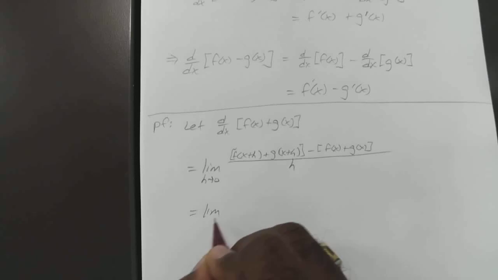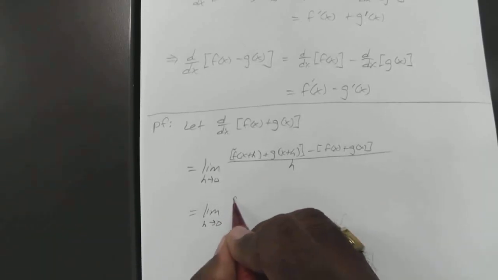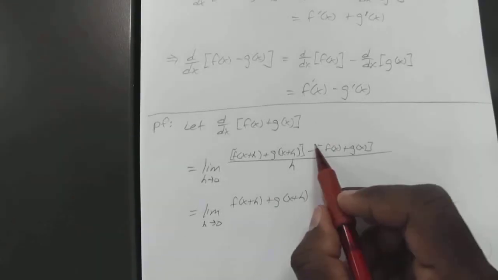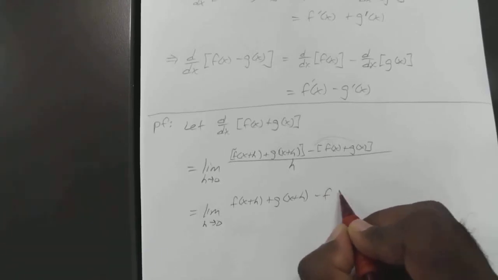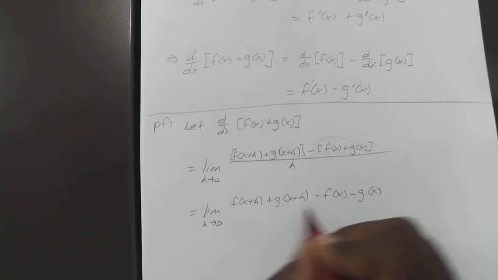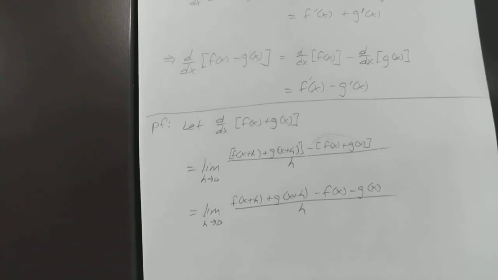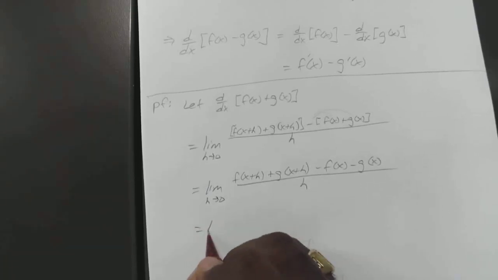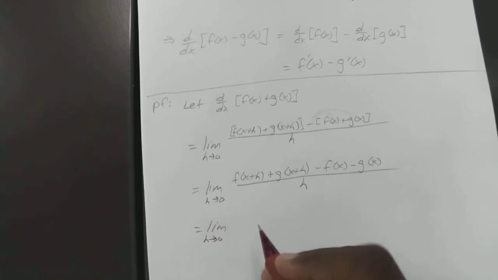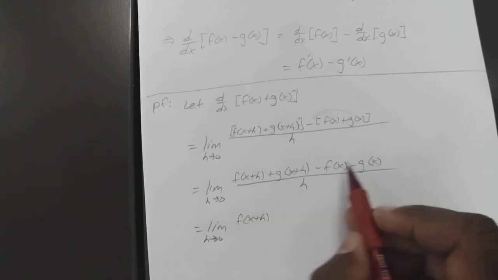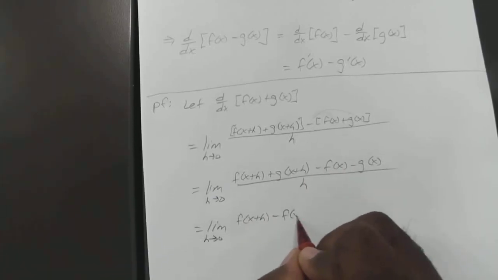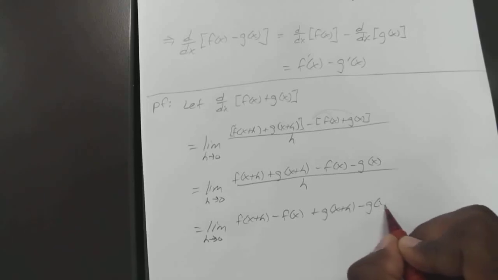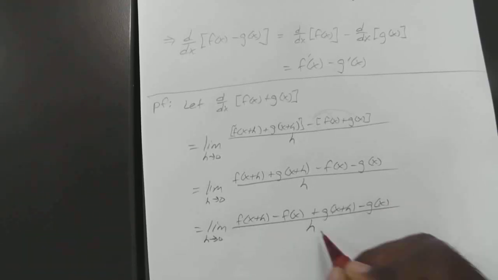Okay, so the limit as h approaches 0 of f of x plus h plus g of x plus h, if we distribute that negative, minus f of x minus g of x, all over h, then we can maneuver them around a little bit. So the limit as h approaches 0 of f of x plus h, move that minus f of x over here, plus g of x plus h minus g of x, all over h.